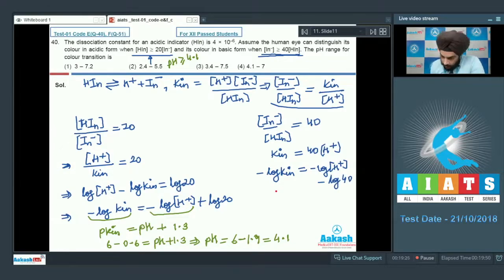So this will give us a value of pKn. This will simplify to pH. The value of log 40 is equal to 1.6. So pKn can be simplified to 6 minus log 4, which is equal to pH minus 1.6. So on simplification, this will give us a value of pH equal to 7.